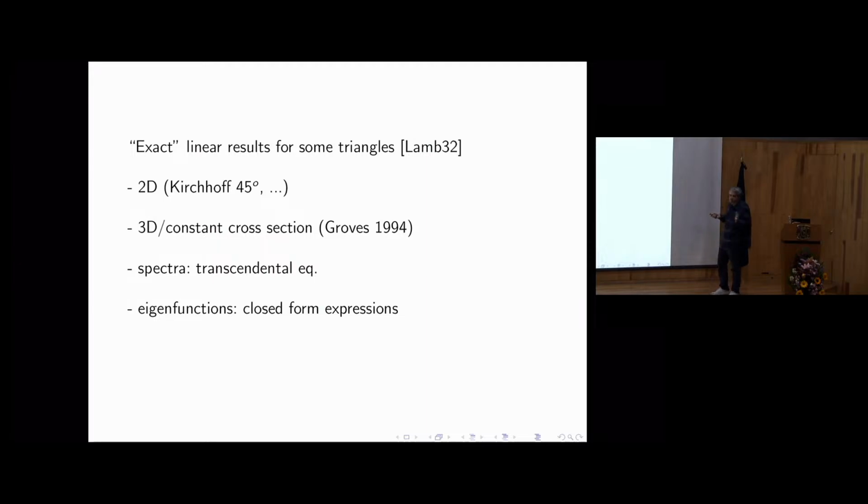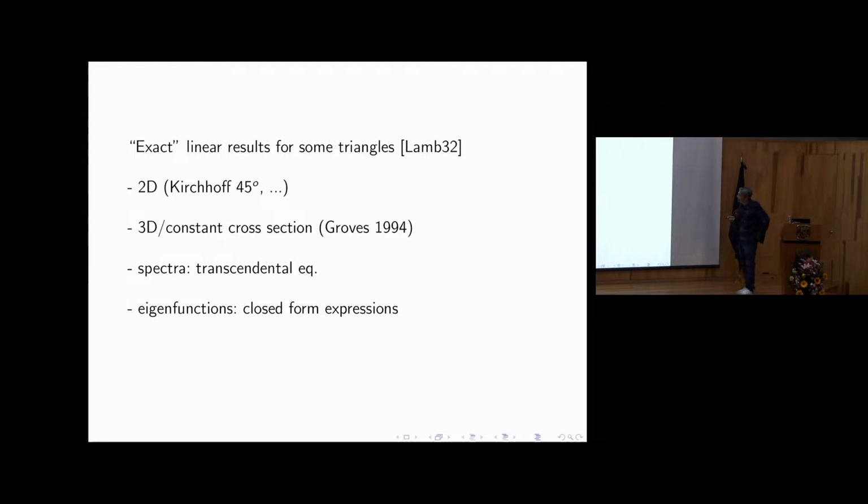So for some triangles, people have the exact linear theory. The spectrum, which gives us the linear frequencies, is obtained because the problem is reduced to a transcendental equation, which you can solve numerically or understand very completely. And the eigenfunctions, the normal modes, appear in closed form expression.